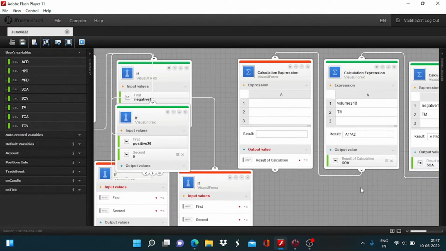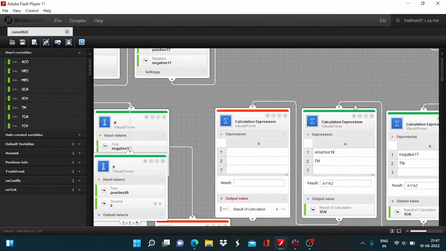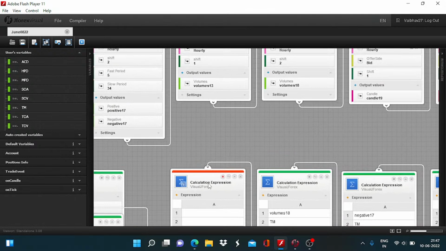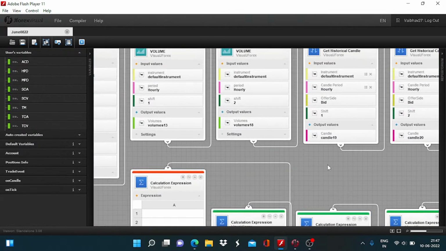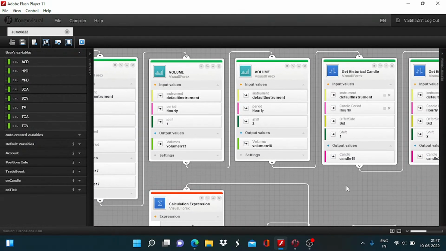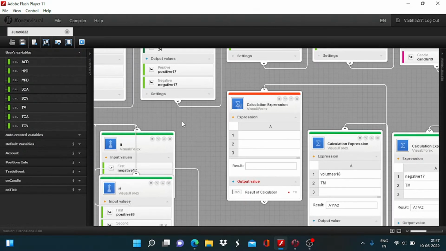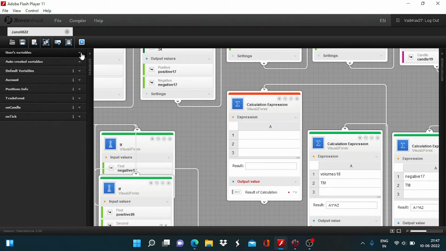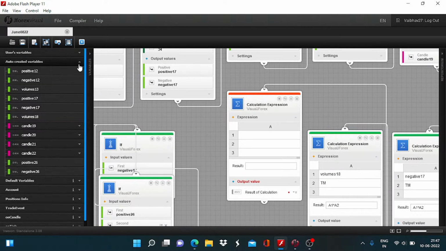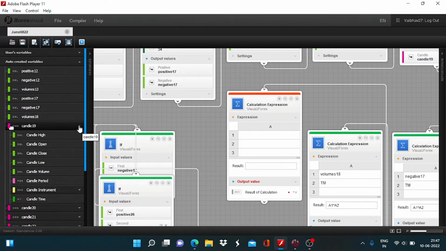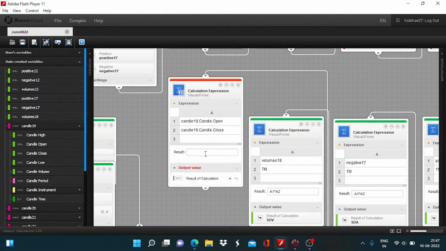All right. Then we also have to consider the difference between the last 1 hour's opening and closing price. So for that, I'm going to take candle 19's closing and opening price, and the closing price needs to have been less than opening price. So here we are going to deduct the close price from the open price. So first variable will be candle 19 candle open, and then we deduct candle 19 candle close.